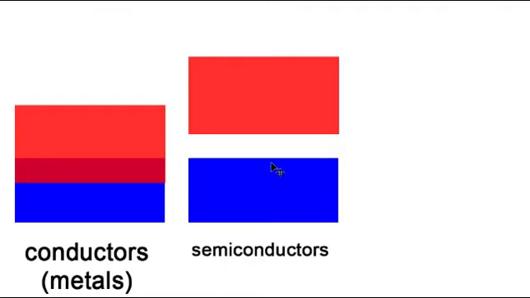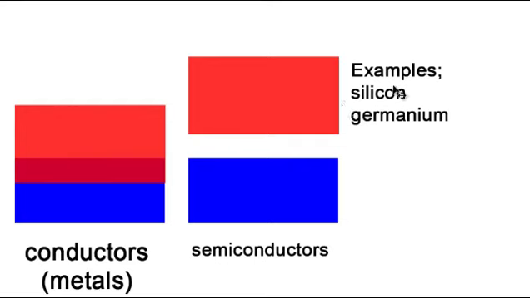Electrons can jump this energy gap and move to the conduction band. So at some point, semiconductors can conduct electricity. Examples of such materials are silicon and germanium. So these are examples of semiconductors. They could ask you this in the exam or your test.